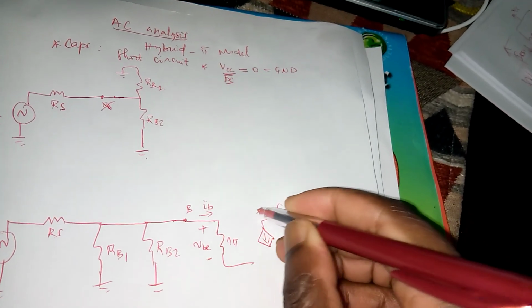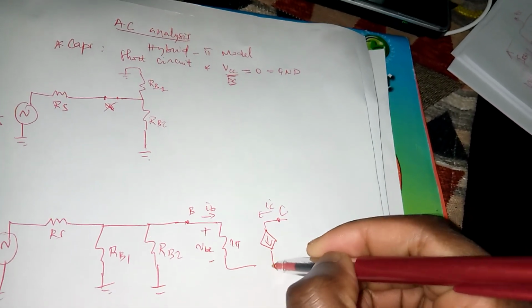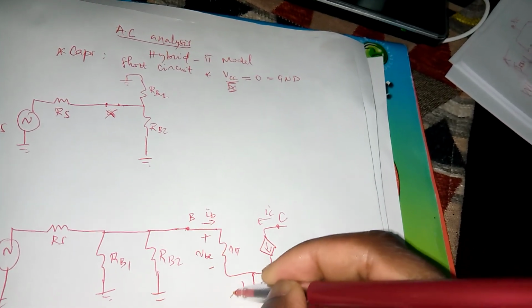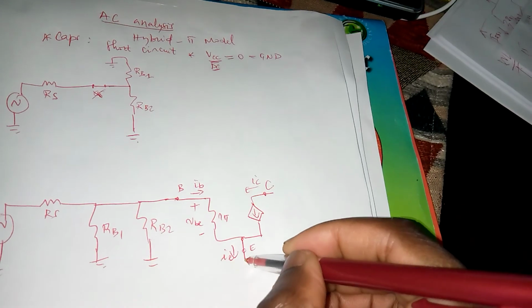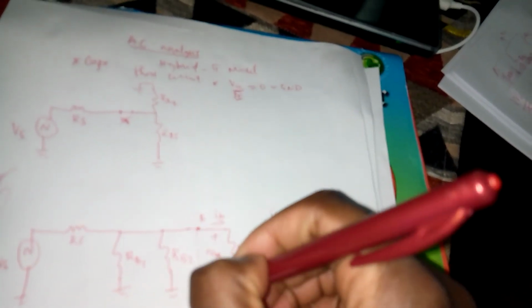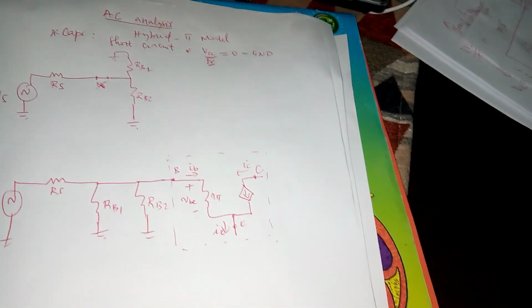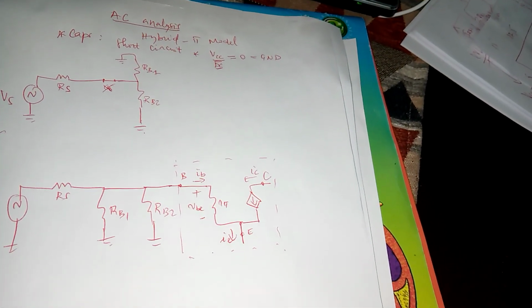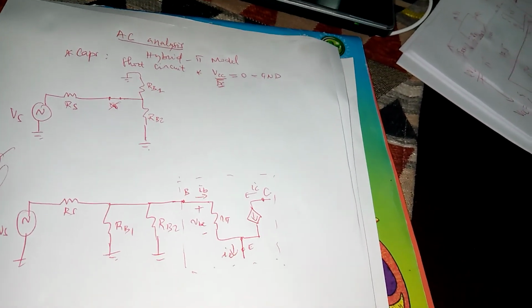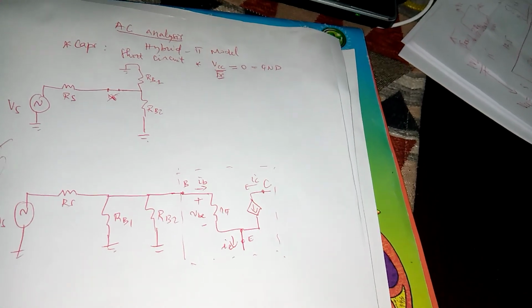That's where your collector is, IC is flowing that way. They meet at the emitter to form IE, and we are now at the emitter. So that will have replaced the transistor, because that is the AC equivalent circuit or small signal equivalent circuit. Now we connect each part of the circuit to each terminal of the transistor.